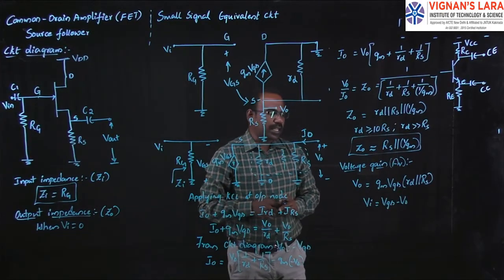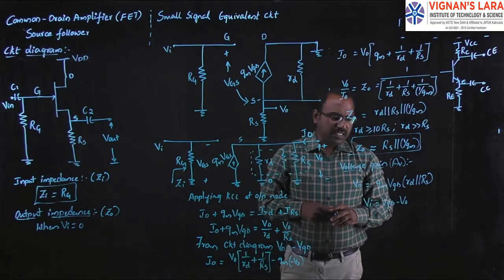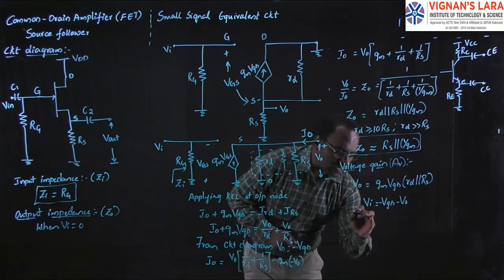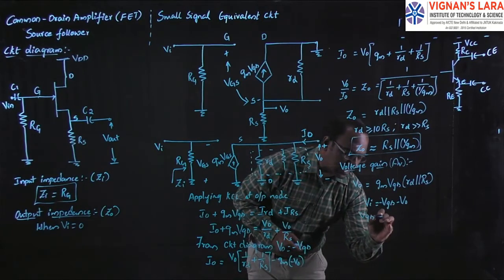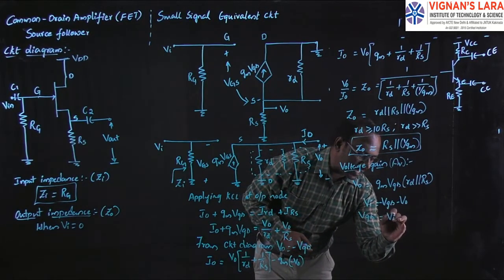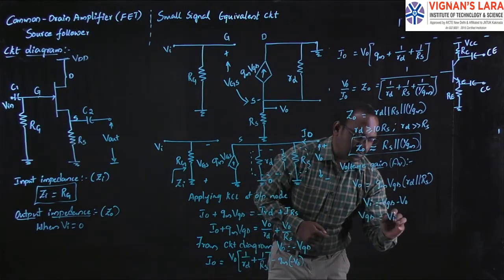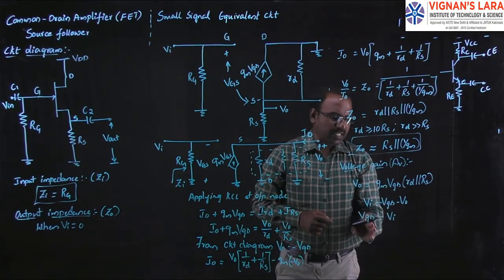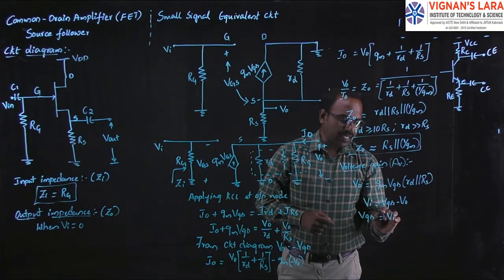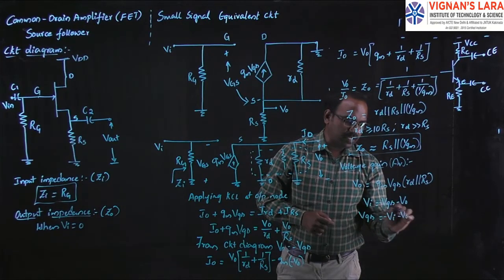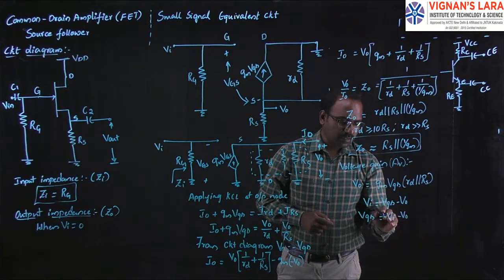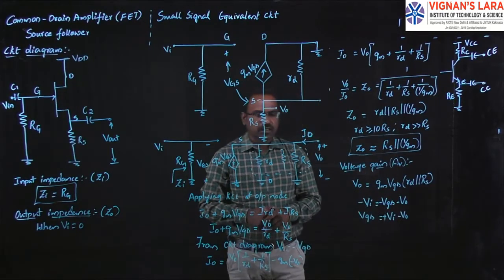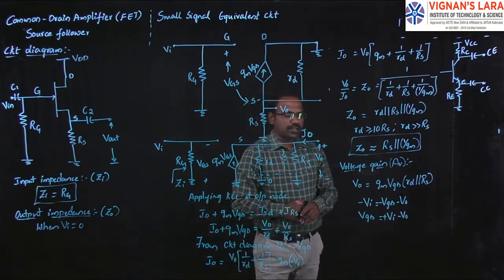So from this I can write VGS is equal to Vi minus V naught.